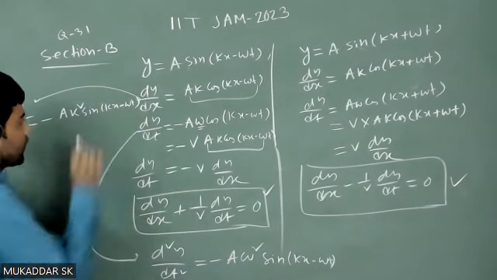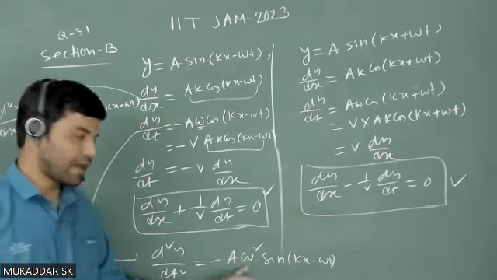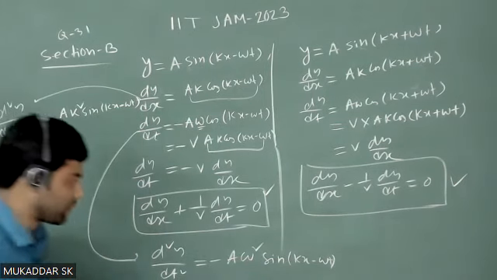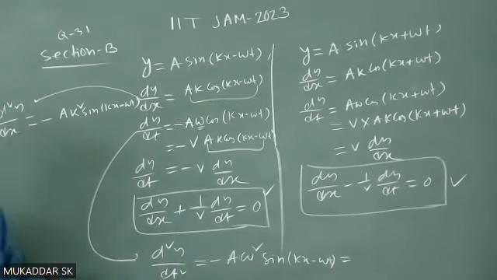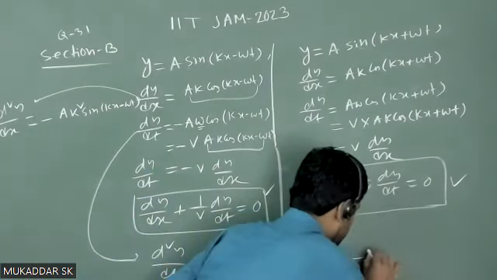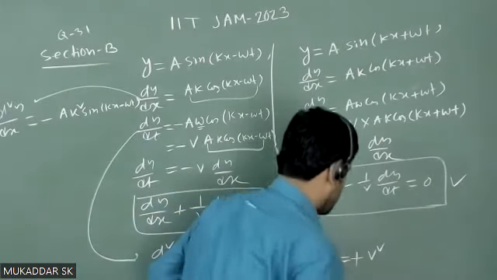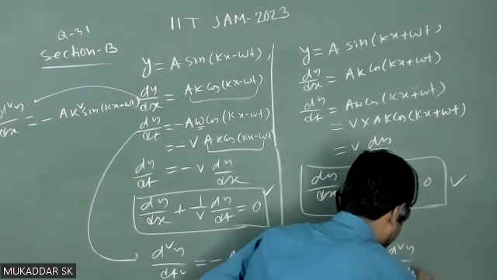Now again I'll write omega equals vk. If you substitute it, I'll basically get plus v square into del square y by del x square.